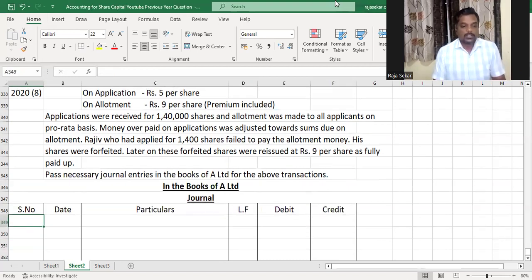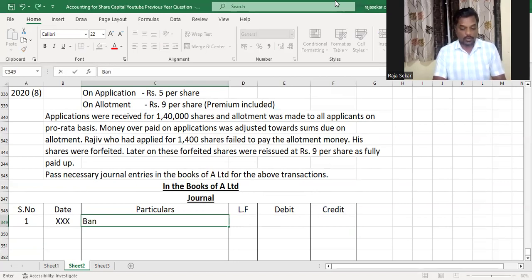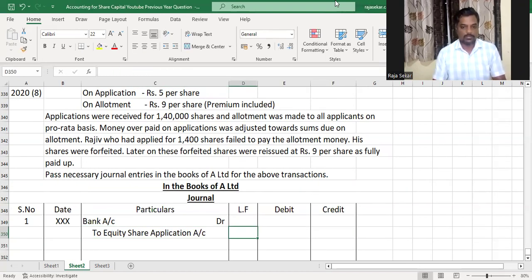So now the first journal entry is receiving application money. The date is not given. The journal entry for receiving application money, as you all very well know, is bank account debit to equity share application account. And how much is that, my dear children?